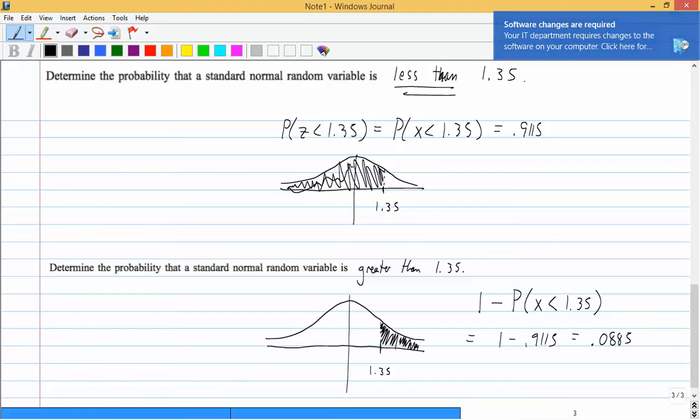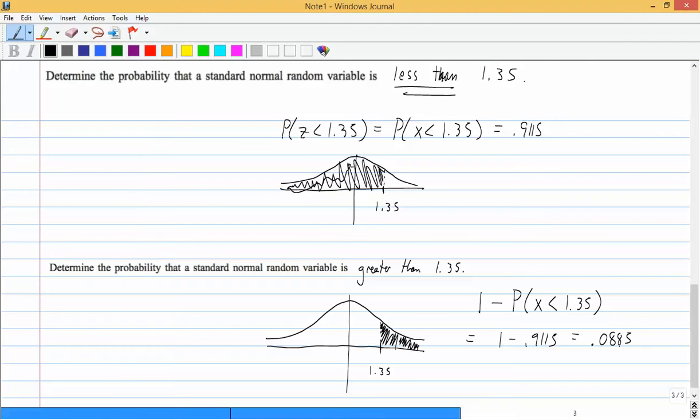All right, so less than is the area to the left. That's the way that Table B and Table C have areas listed. Greater than is going to be the area to the right. So you say 1 minus the area that you get from the table.